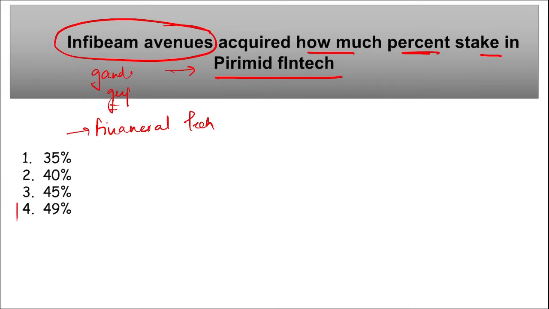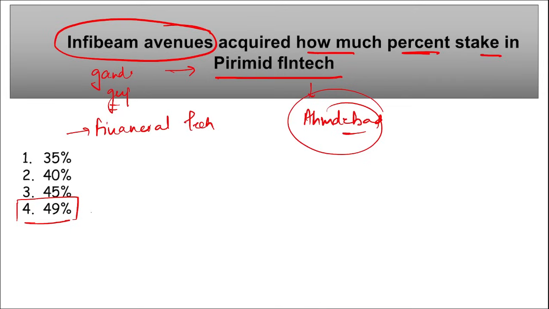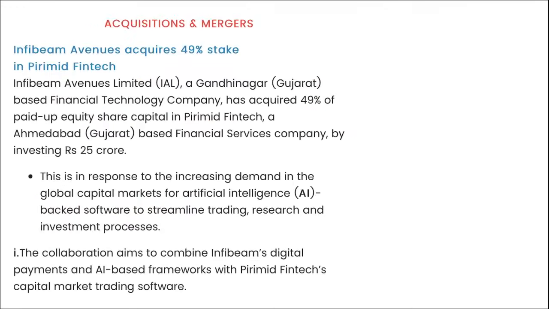Pyramid Fintech is an Ahmedabad based financial service company, and they will be acquiring the 49% stake by investing 25 crore rupees.